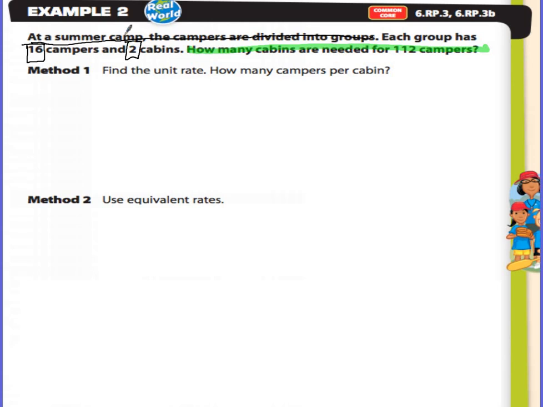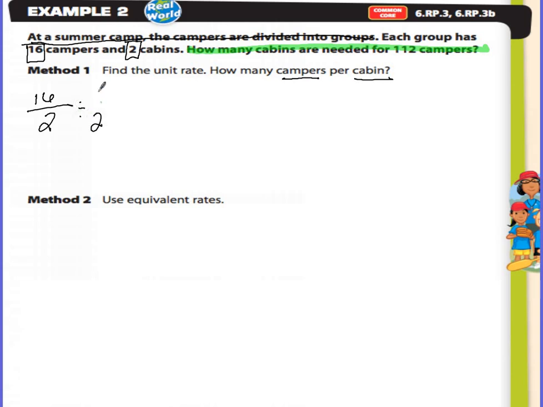Okay, so in this case, it's going to be campers per cabin because you don't have cabins per camper. So my 16 campers per 2 cabins. Okay, and again here it wants campers per cabin. So I am going to find the unit rate.